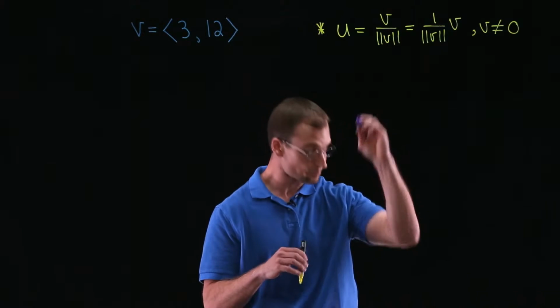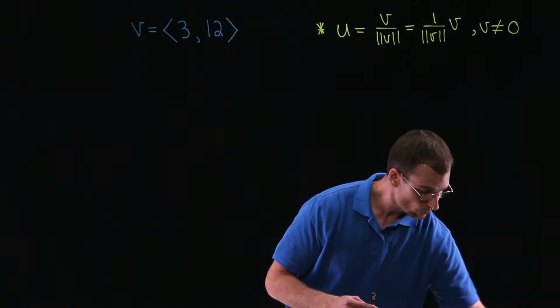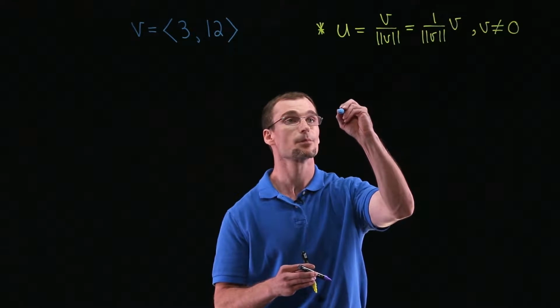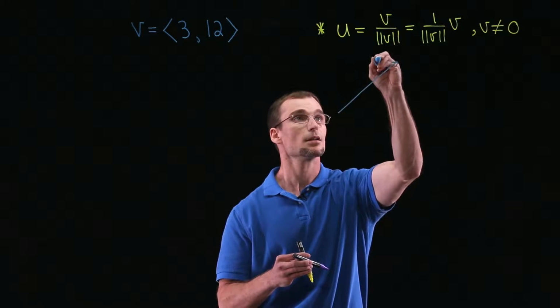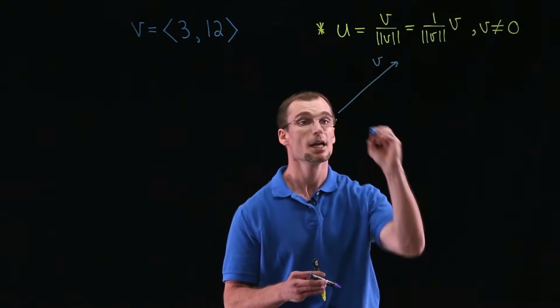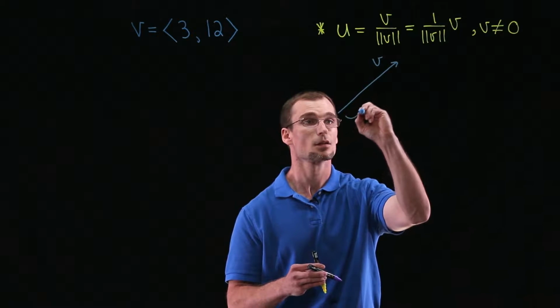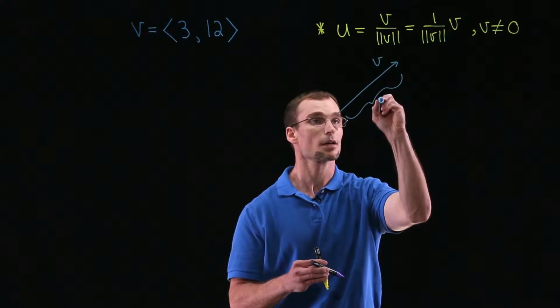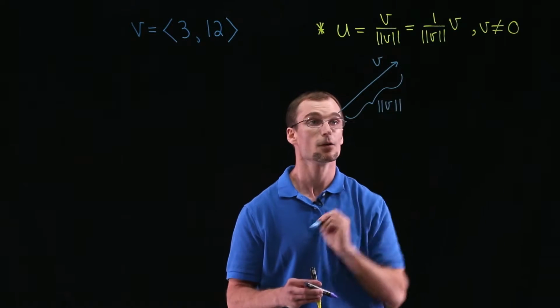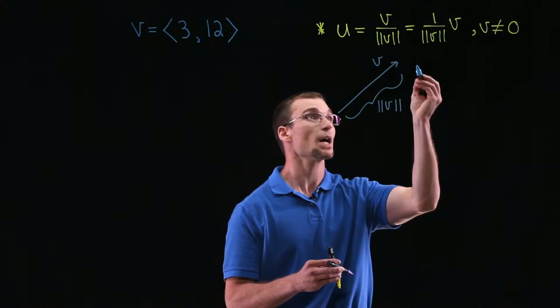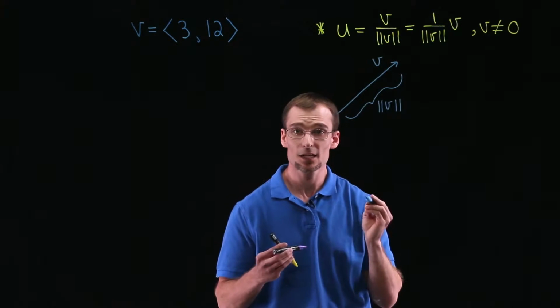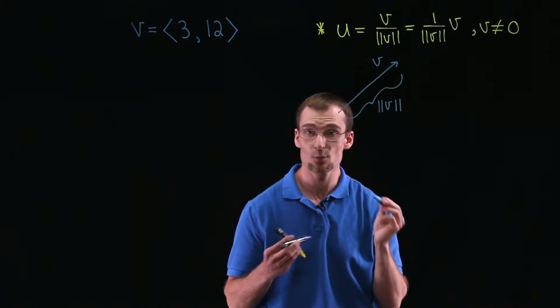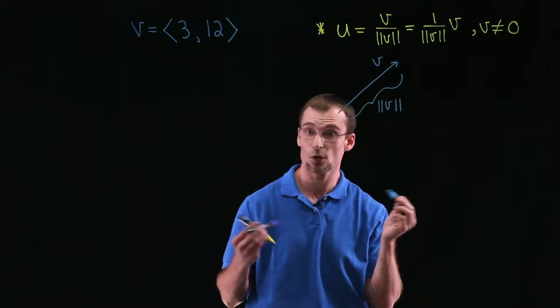If we take our vector v, somewhere in space, it has length, the magnitude of v. If we multiply by 1 over that magnitude times the vector v, think of something having length 5, and you multiply it by 1/5. How long is it now?